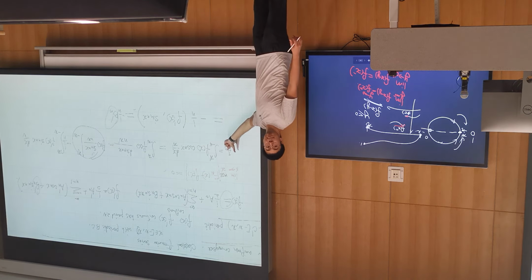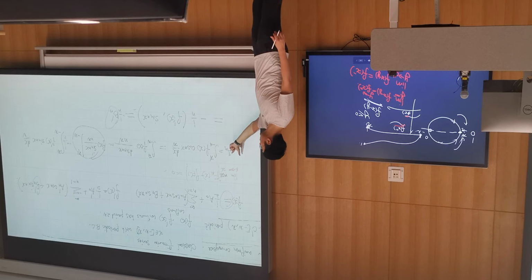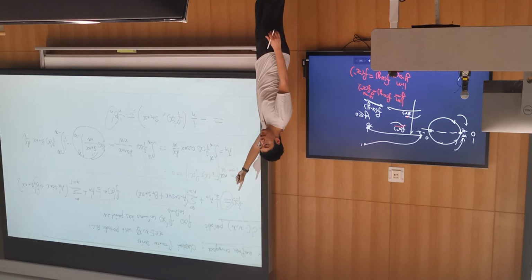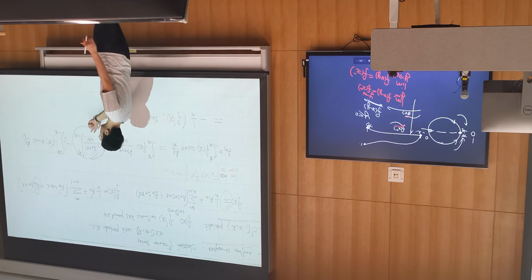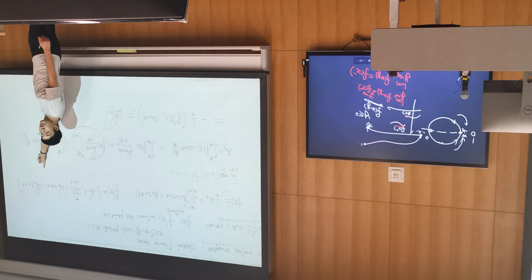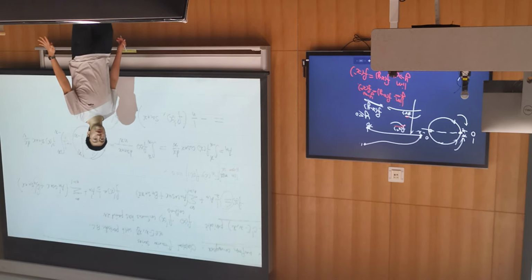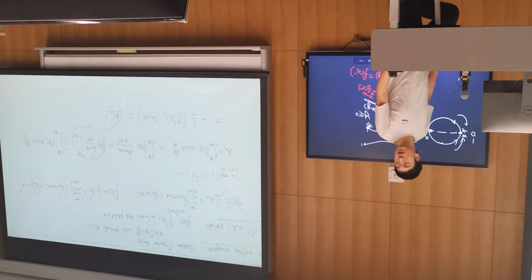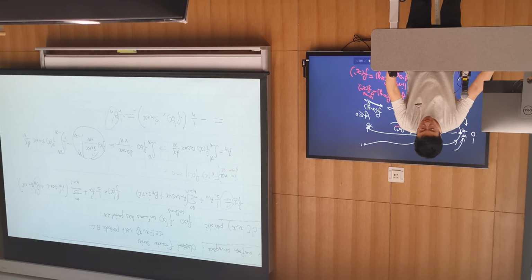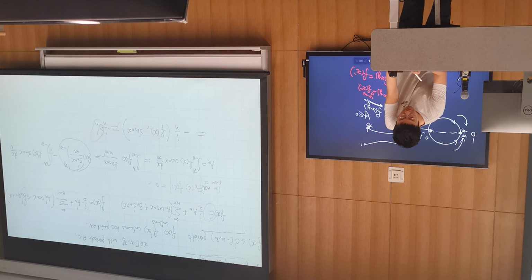My an, the Fourier coefficient for f, is directly related to bm prime, which is the Fourier coefficient for the first order derivative of f x. So to summarize, an equals negative 1 over n bm prime.